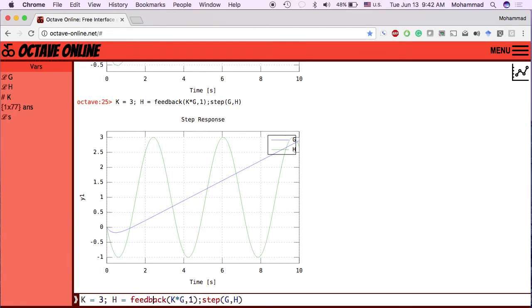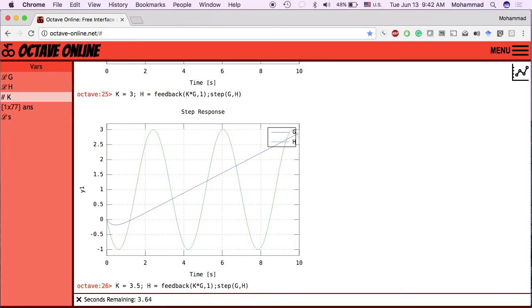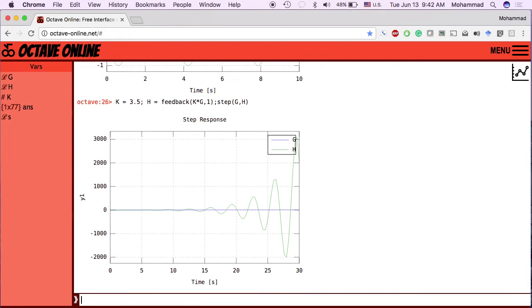So let's just try 3.5. See? The system's response starts growing. It still oscillates because it is a pair of complex conjugates, but because now it has a real positive part, its amplitude basically grows.